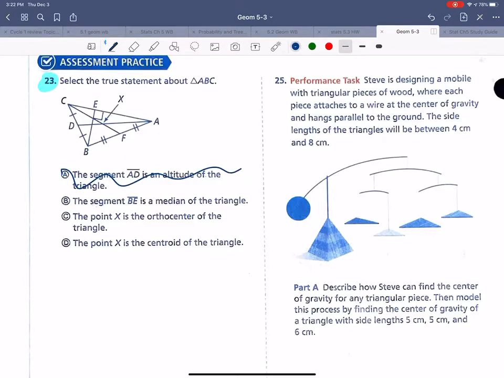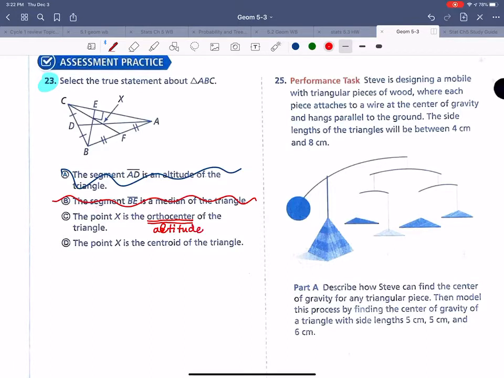So BE, the median is find the middle and trace back to the opposite side. So it doesn't look like BE is the median. So that's not going to work. Point X is the orthocenter. So the orthocenter is created from the altitudes, right?